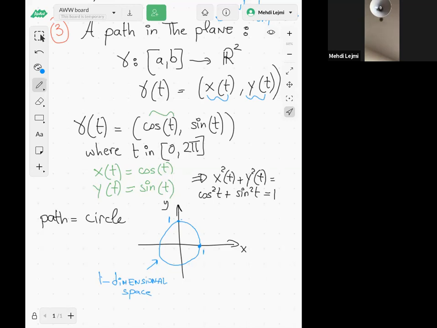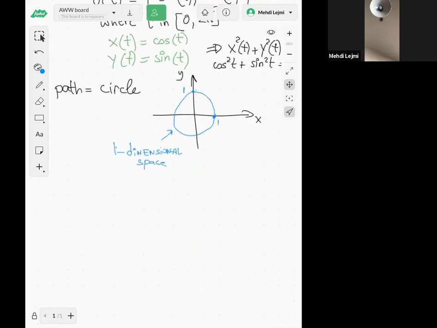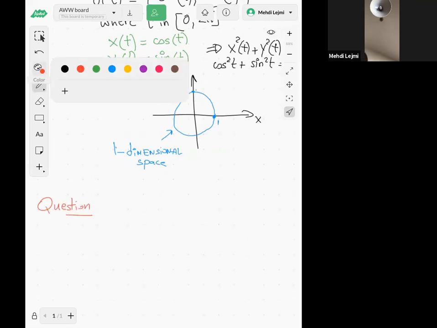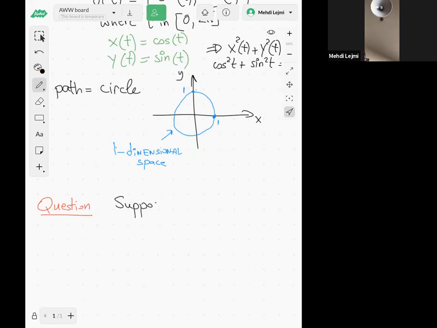All right, so that's just a reminder definition of a path or a curve in the space or in the plane. Now the question that we're going to try to answer today is how do we integrate? So we have some function f of 3 variables or 2 variables, right? So suppose, for example, you have a function of 3 variables. Suppose f is a continuous function, and let's say we are in the 3-dimensional space.